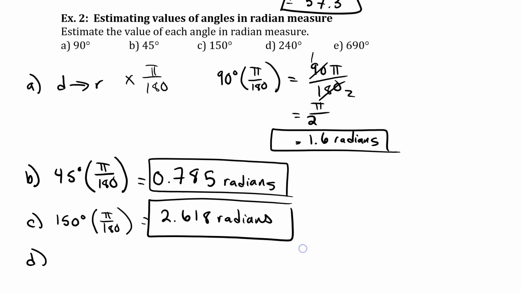Last but not least, D, 240 degrees times pi over 180. 240 times pi divided by 180 equals 4.189 radians.